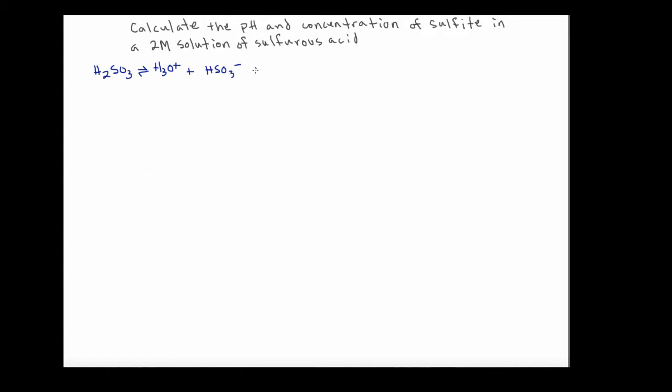All right, and this has a Ka value. We'll call it Ka1 of 0.016. All right, and then in the second step, the hydrogen sulfite ionizes to form another mole of H3O+, and ultimately the sulfite anion.